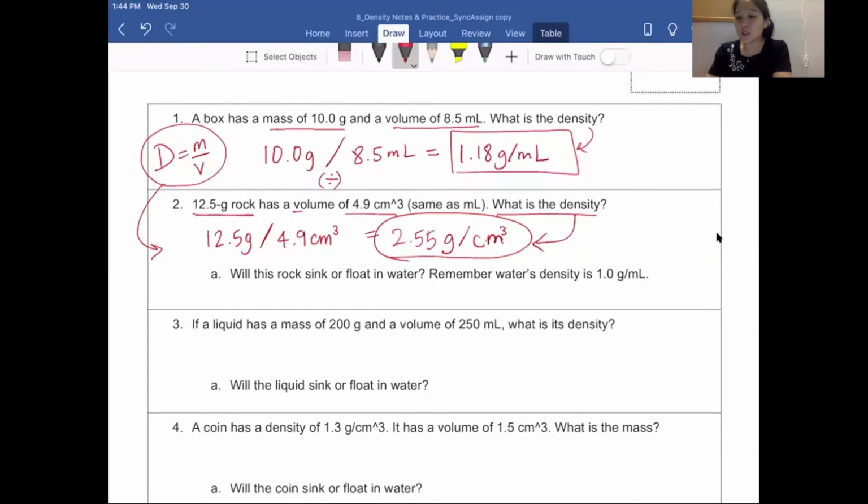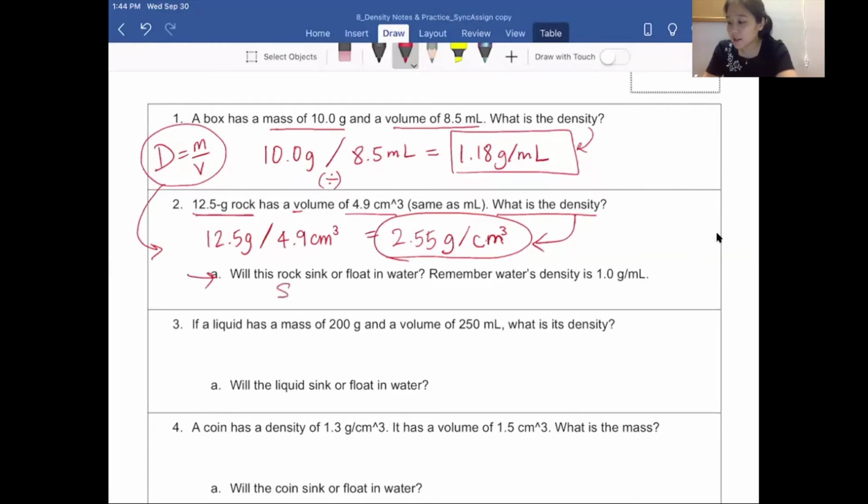All right, so once you find the density, the next question I asked is, will this rock sink or float in water? And in our class notes, we learned that the water's density is 1 grams per milliliter. So if the density of the object is greater than 1, it is going to sink.